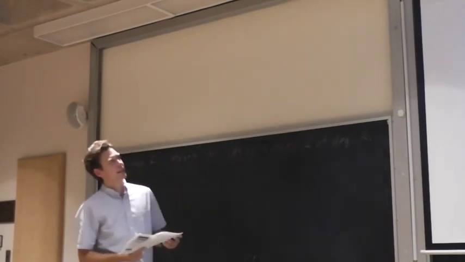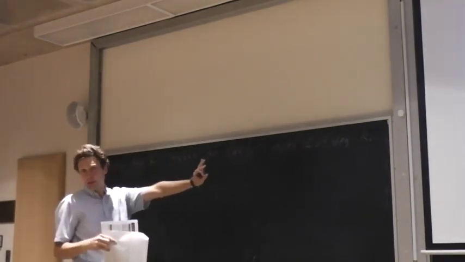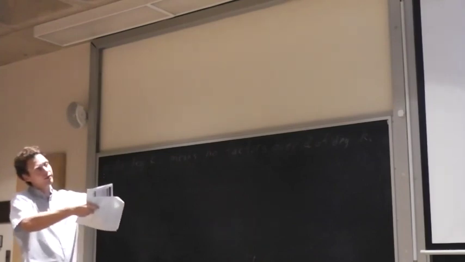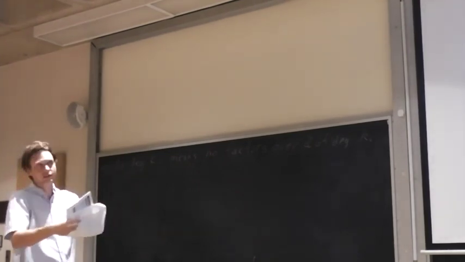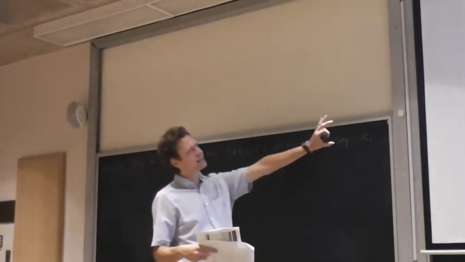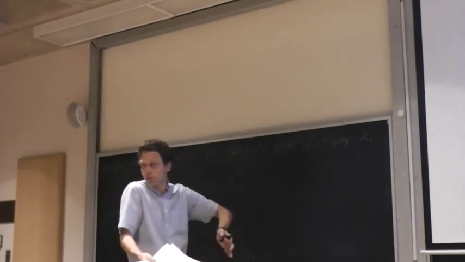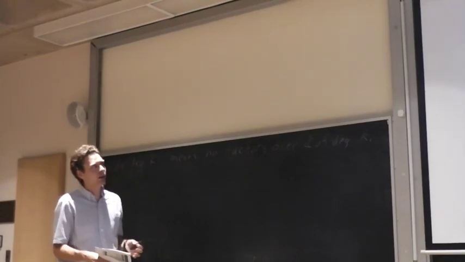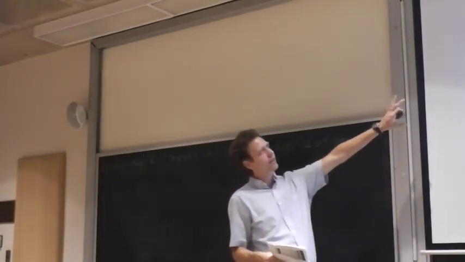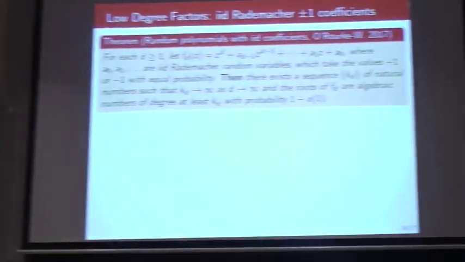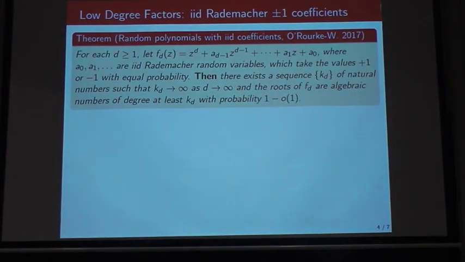And so this doesn't prove irreducibility, but it says you're unlikely to have small degree factors. And it's interesting because the heuristics that we saw before were that the small degree factors mainly control the probability. And so the factors that you actually expect to see, this result shows that they're low probability. Well, then there needs to be a different argument saying that you don't get any high degree factors.